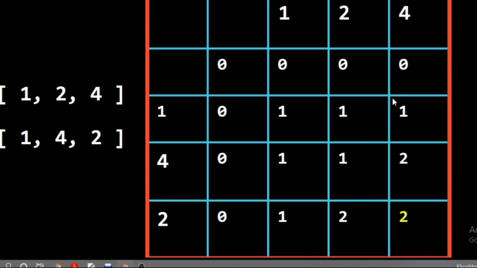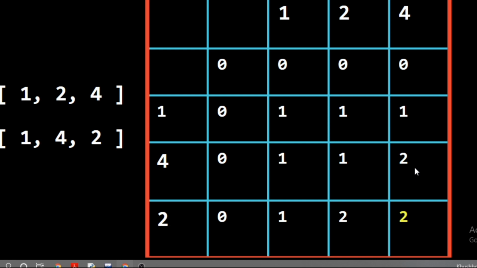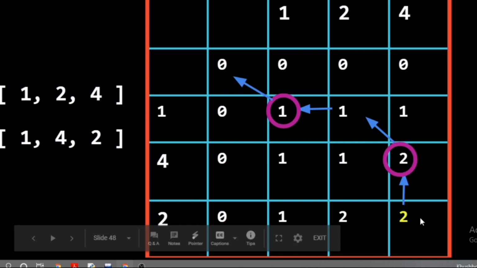Now if we have to find what common subsequence we get, how can we find that? By this value we know that we have maximum length 2, but what is the value of that longest common subsequence? We see how we get this 2. We get this 2 either from the upper or from the left portion.